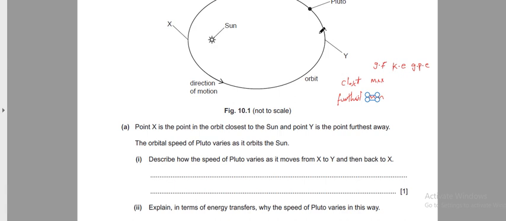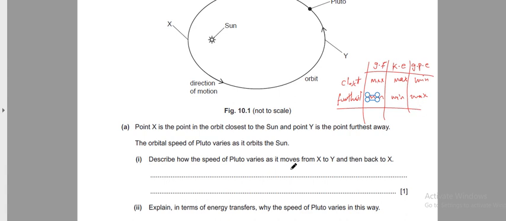Gravitational force is inversely proportional to the distance squared, and kinetic energy increases at the closest point, so it is also maximum, because the effect of the gravitational force is maximum, so the change in velocity direction will be maximum and kinetic energy will be maximum, while gravitational potential energy is minimum, and the reverse at the furthest point. You should always remember this table.